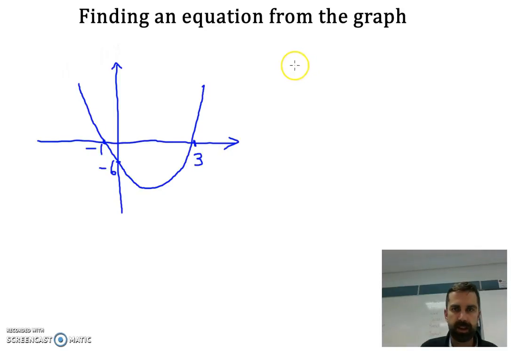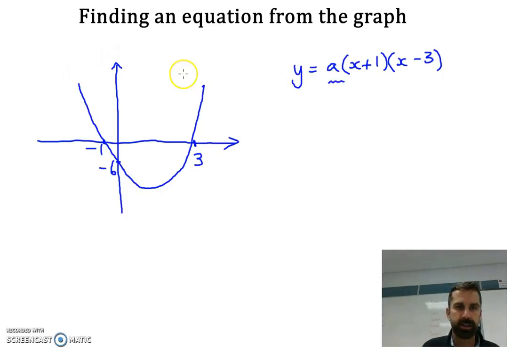So straight away, I can say y equals a, we don't know what a is yet, times by x plus 1, that's for our first x-intercept, and then multiplied by x take 3, that's for our second x-intercept. Now the trick is just to figure out what a is. So how am I going to do that? Well, I'm going to substitute in a known point, and in this case, the point that I know is the y-intercept.